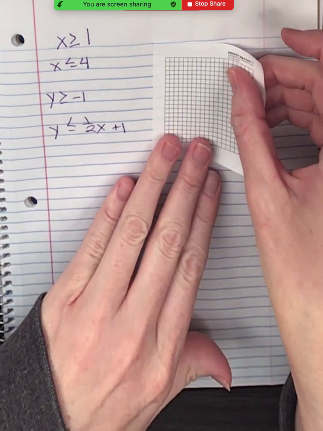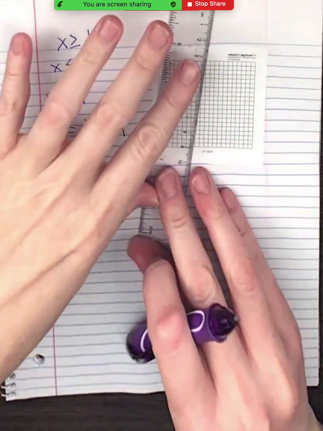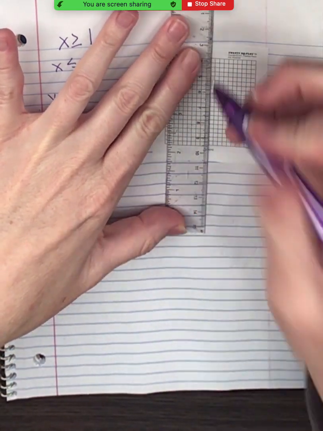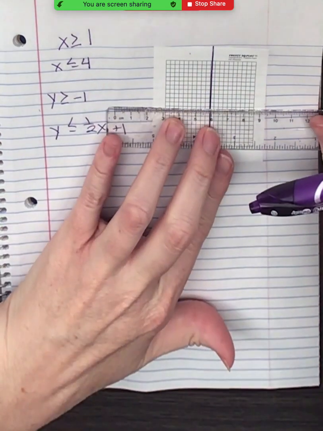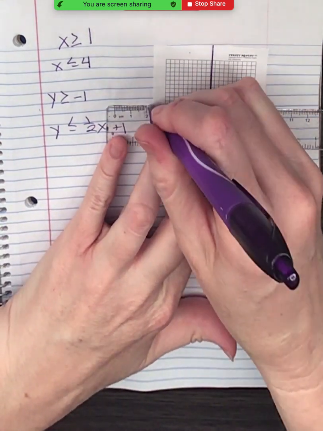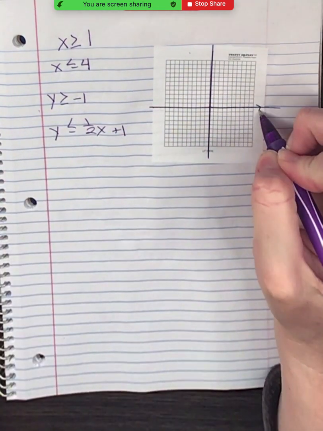Again, there's our coordinate plane. We're going to draw our x and our y axis. It's our y axis. Here is our x axis, and I'm going to draw my scale.